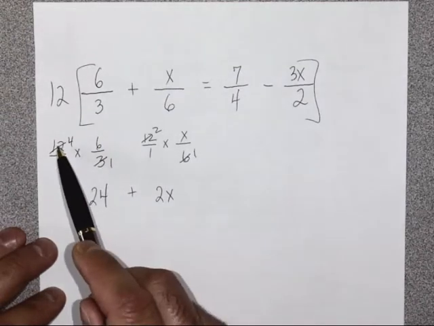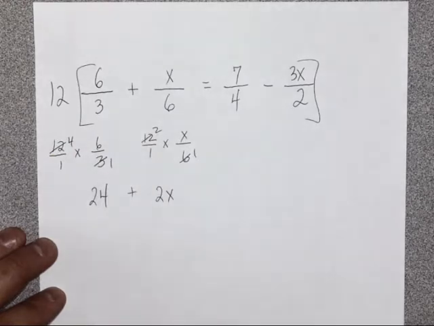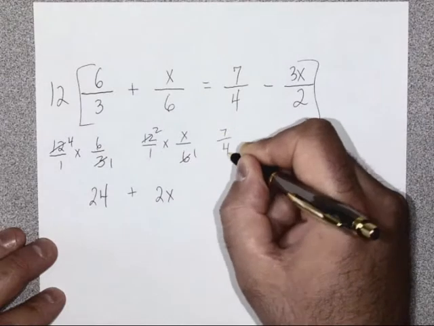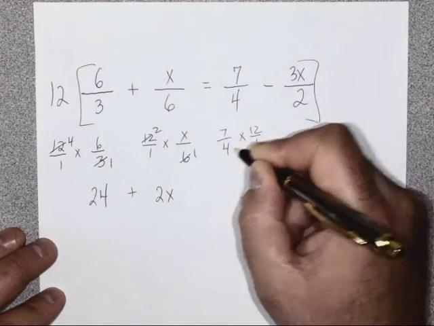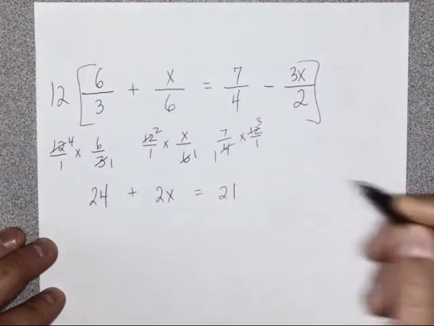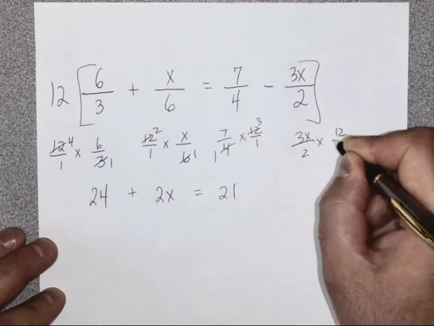This has a common factor of 3, this has a common factor of 3, so I'm dividing those out and then multiplying across. Same thing here. 21, 3x over 2 times 12 over 1.